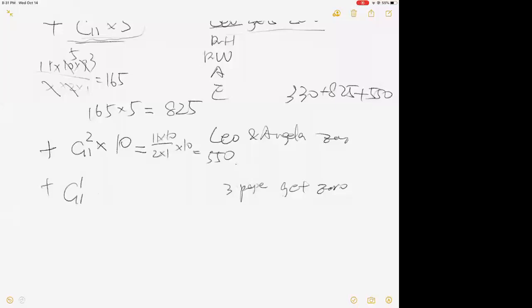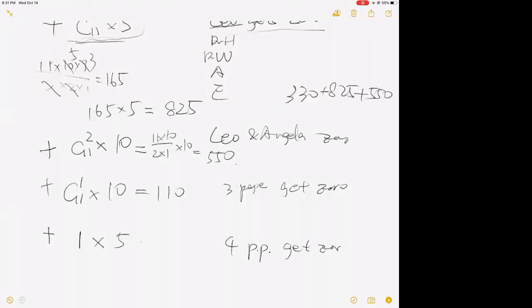And then you multiply it by 5 choose 3, which is the same as 5 choose 2, so that'll be 10. That's 110. Okay. And then you need to add 4 people. 4 people get 0, right? So then it's 11 choose 0, which is just 1, times 5 choose 4, or 5 choose 1, which is just 5.